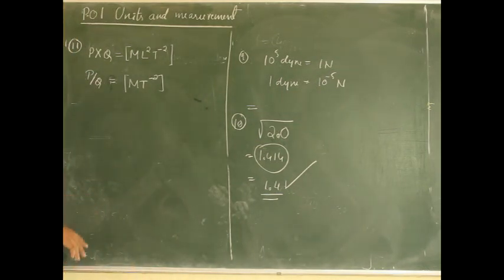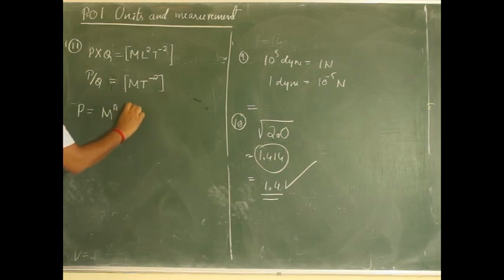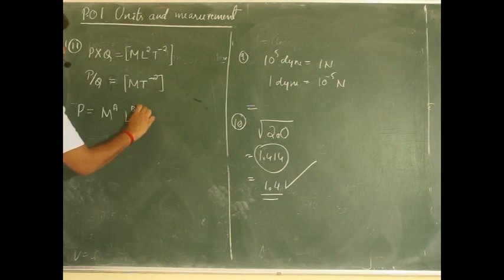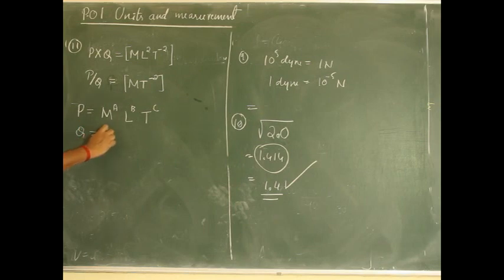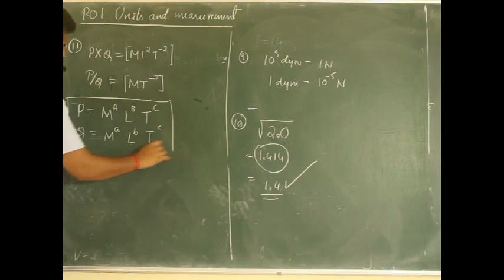Now we don't know the dimensional formula of P, so for that sake I will just take M power capital A, L power capital B, T power capital C. We don't know Q either, we are supposed to find out. Here also I will write M power small a, L power small b, T power small c. So this is the assumption.